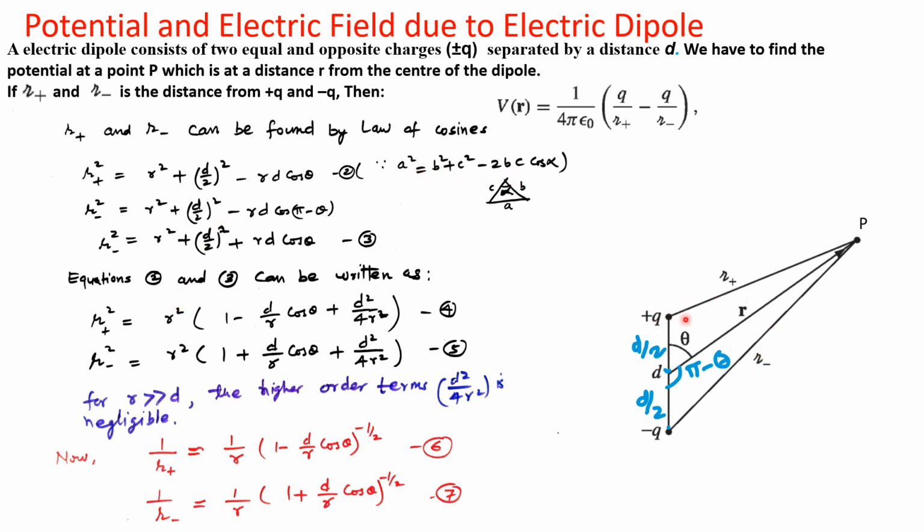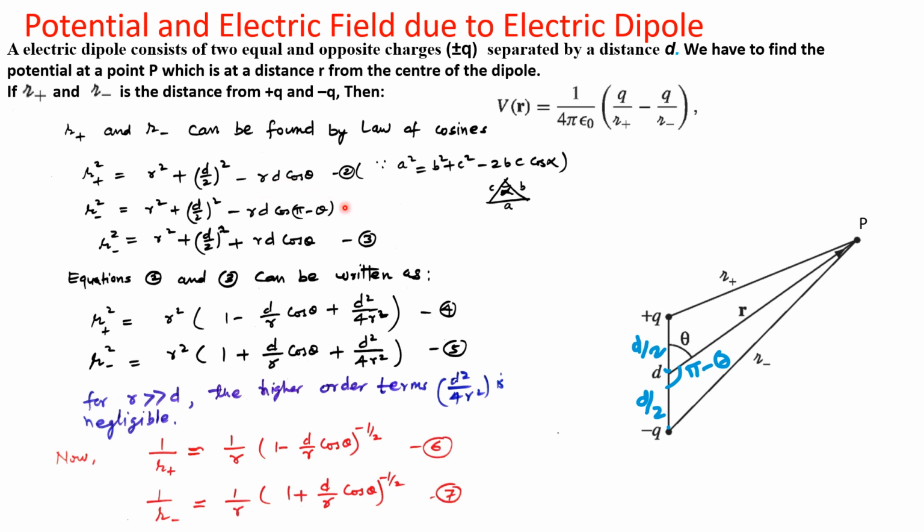Now we can apply it to these two triangles. One has sides r plus, r and d by 2, with one angle theta. For this we can write r plus square equals r square plus d by 2 square minus 2 r into d by 2 cos theta, and the 2 and d by 2 simplify, giving minus r d cos theta.